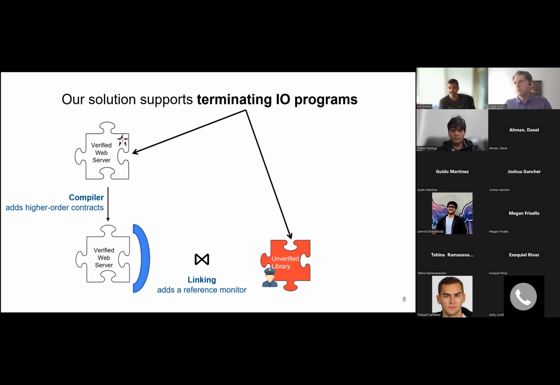And if the library misbehaves, the server might still respond, but with an error? Yes, the higher order contracts or the reference monitor will return an error to the web server, and the web server handles that and responds to the client. All right, makes sense. Thank you.